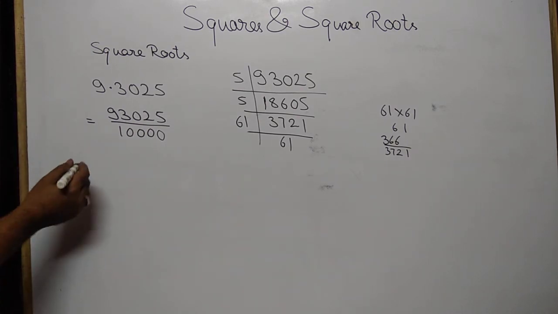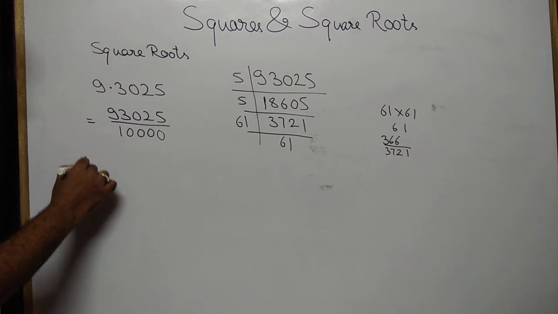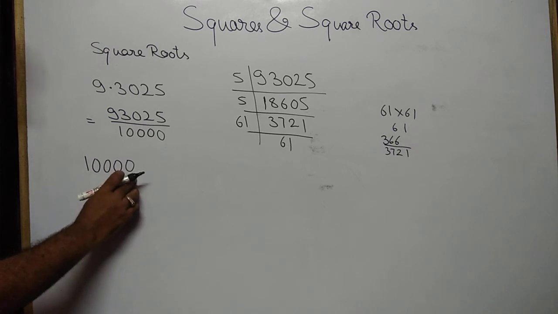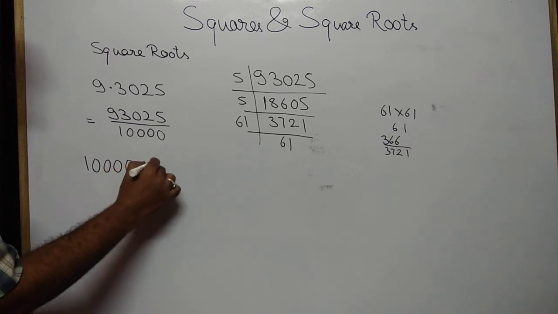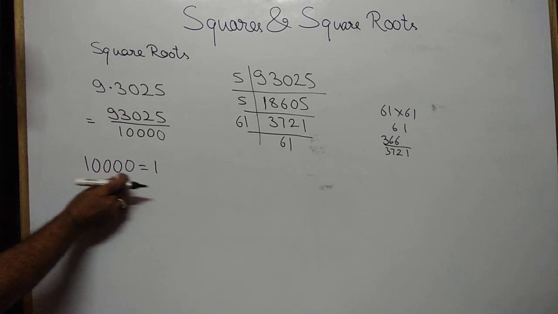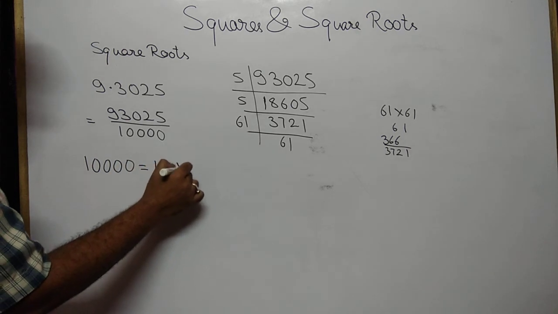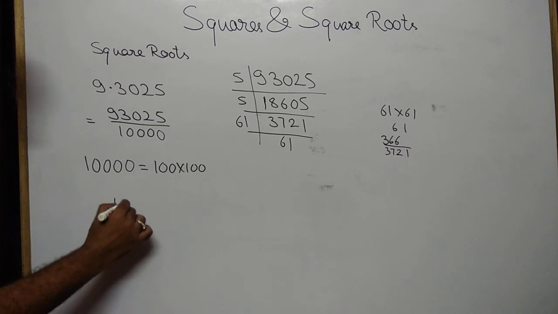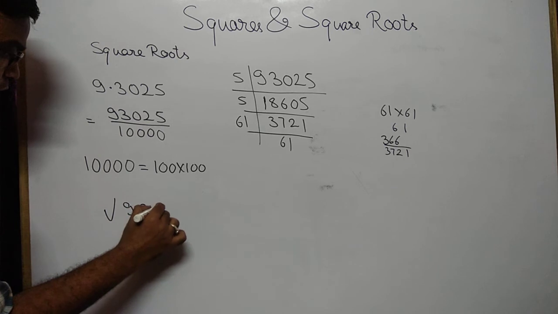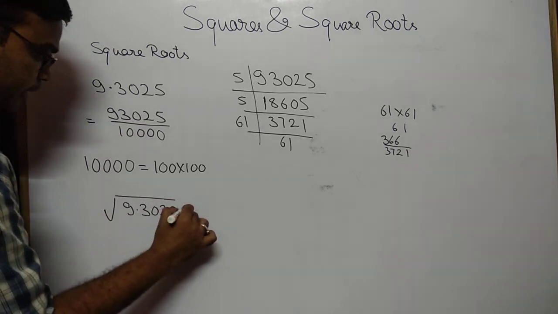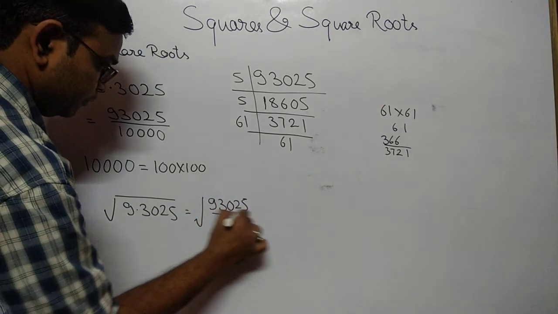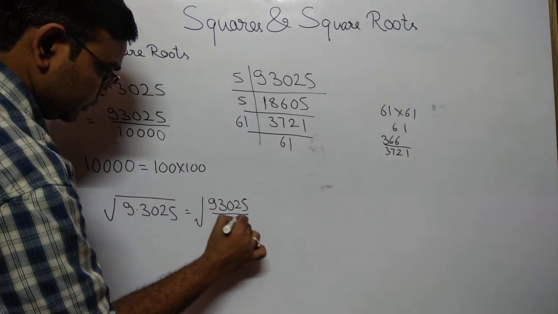And similarly, if we try to find out the prime factors of 10000, remember, if we have this type of condition, we can easily write 1 and then half the number of zeros if the number of zeros is even. So 100 into 100. So now it's clear. Now write down square root of 9.3025 equals square root of 93025 by this number.